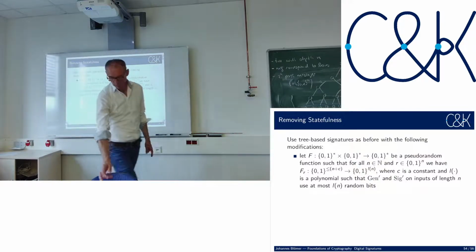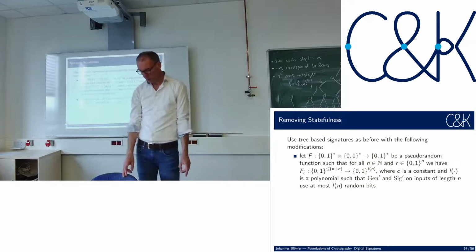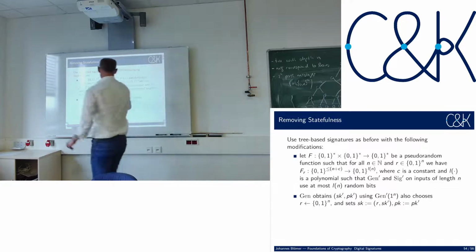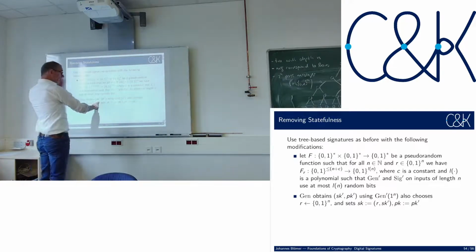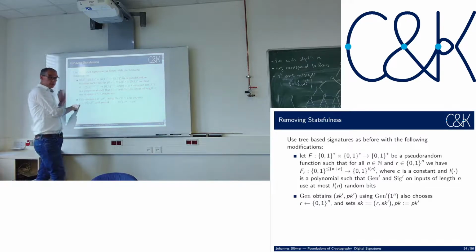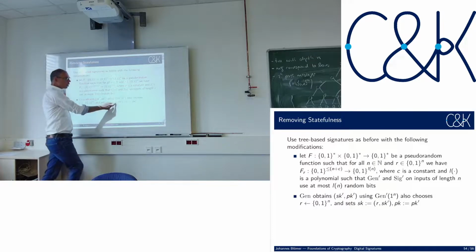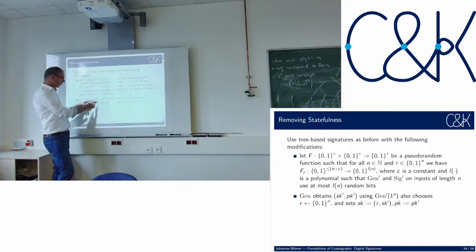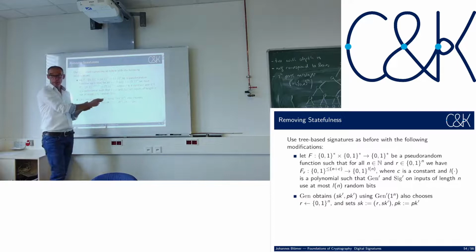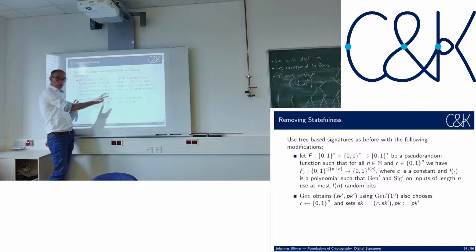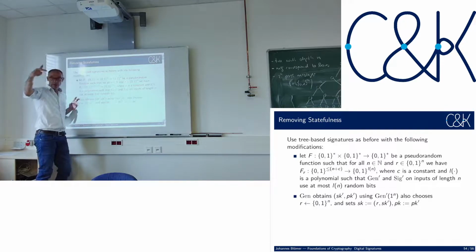What does this n plus c mean? Where does this come from? Gen also chooses this r. It's a random seed, and that is included in our secret key. So we use the key generation that gives us sk prime and pk prime, and also use this r as an initial seed for our pseudo-random functions.